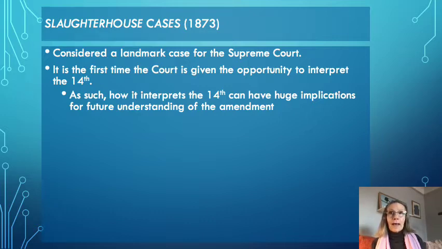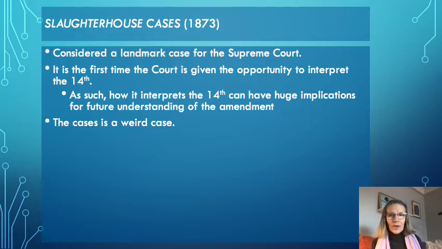Anytime a provision of an amendment, or a provision of the body of the Constitution, comes to the Supreme Court for interpretation, it's really important, because how the Supreme Court interprets that provision of the 14th Amendment can have huge implications for future understandings of that amendment. And that really is the case with the Privileges or Immunities Clause in the Slaughterhouse Cases. It really defined how we think about that part of the 14th Amendment moving forward.